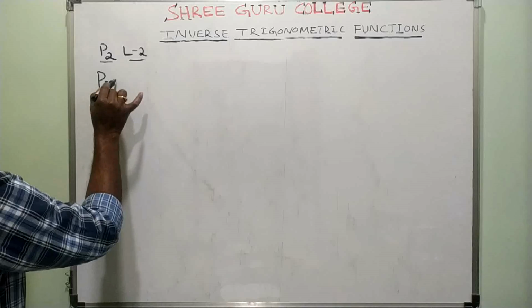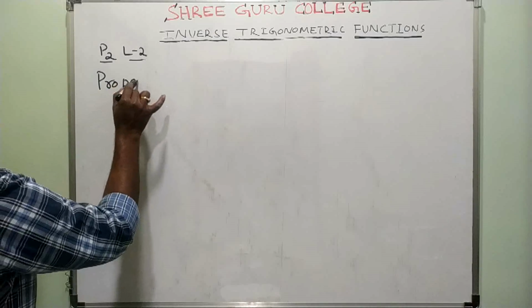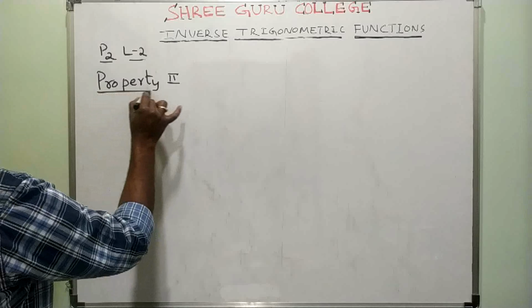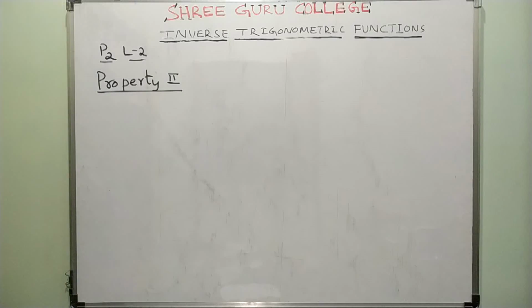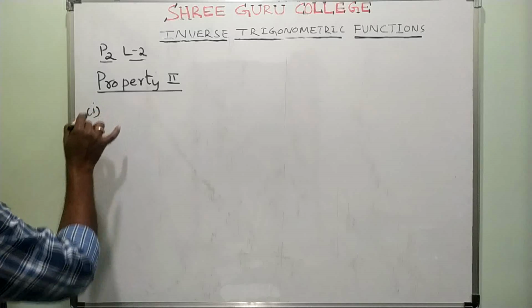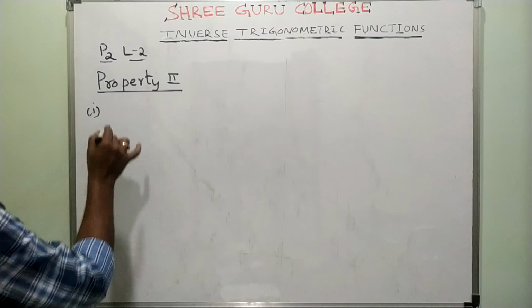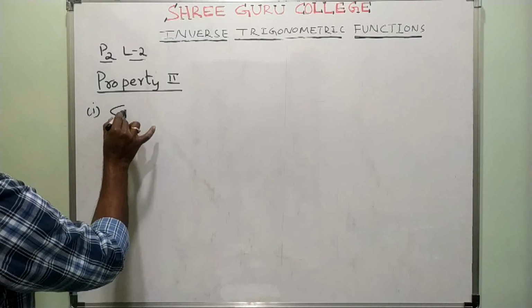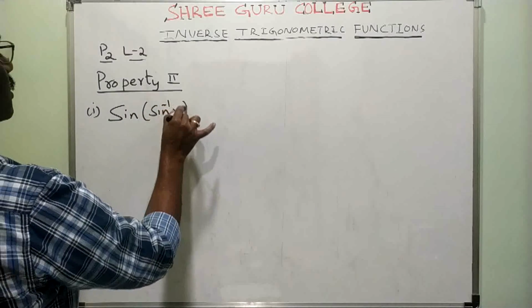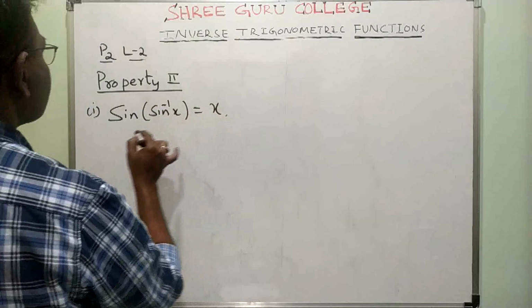Next, property 2. Maybe it is a domain property. Sine of inverse of x is x.